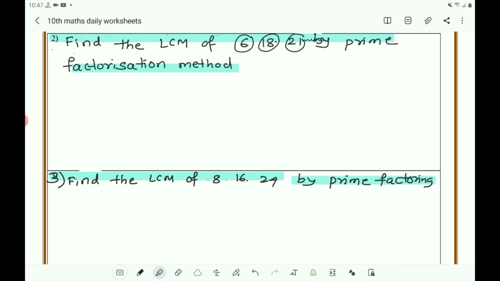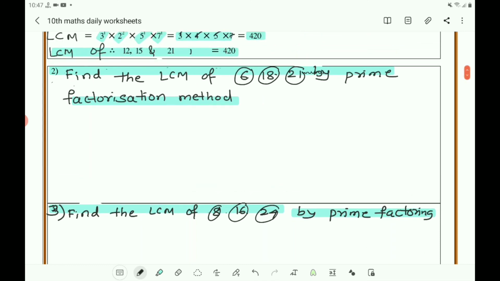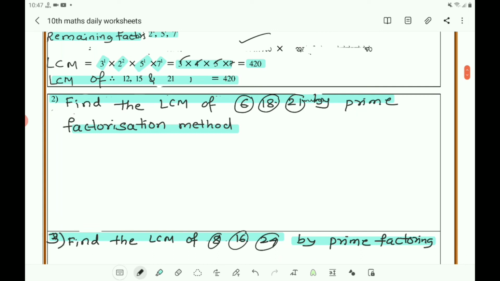Next you try 3, next 5, next 7, in this way, and get the factors of 8, 16 and 24. Recognize the common factors and their highest power and the remaining factors. The product of all these becomes the LCM of 8, 16 and 24. In this way, get the LCM by the method of prime factorization.